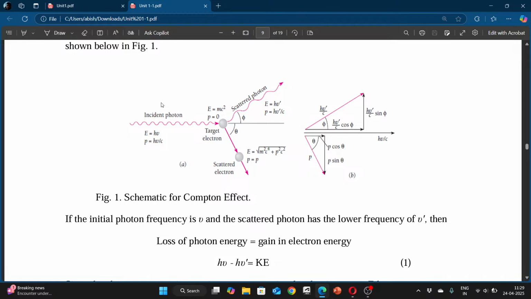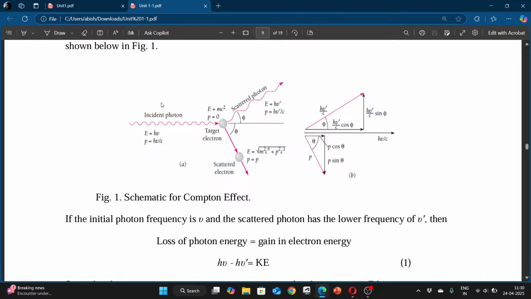So there's h mu dash by c cos phi, and there's a p, which has a p cos theta and p sin theta, h mu dash by c sin phi. And this is h mu by c.